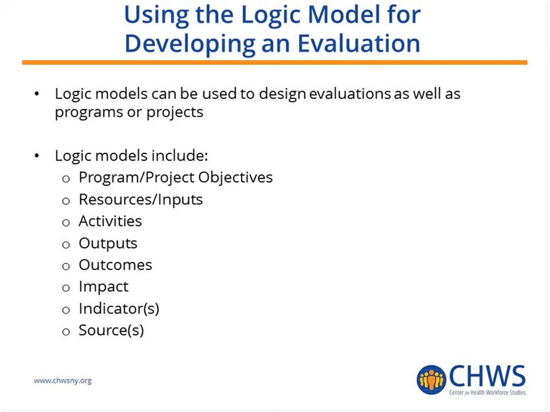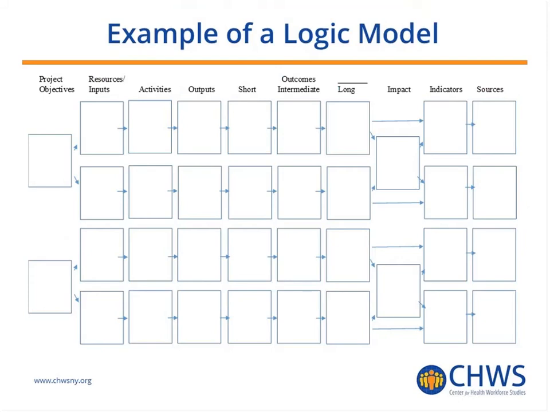It really does become circular as you start doing this. There are multiple types of evaluation models, and this is just one. I've seen it where sometimes people have project objectives, sometimes they don't. The resources, activities, and outputs are always there.